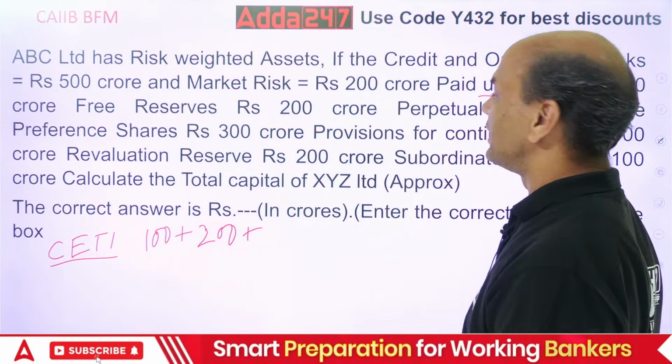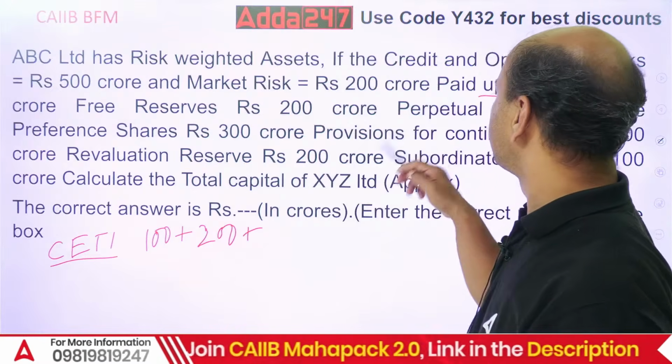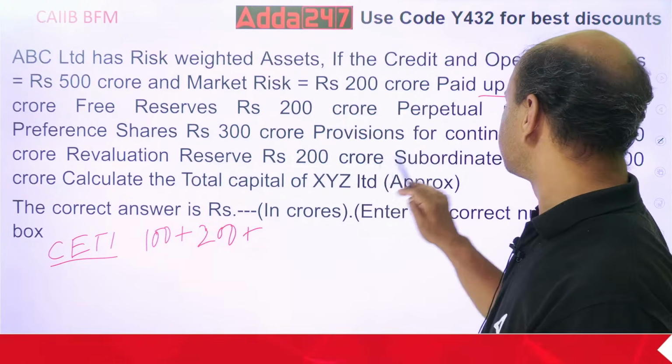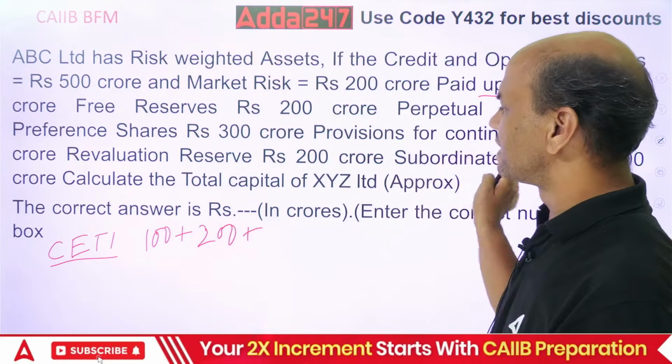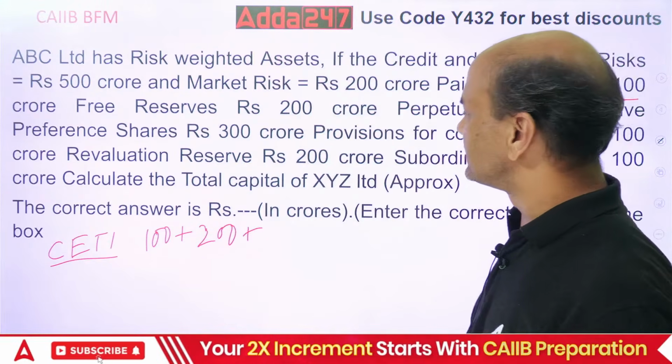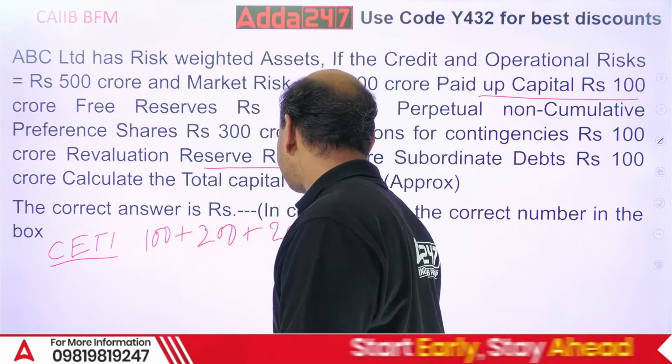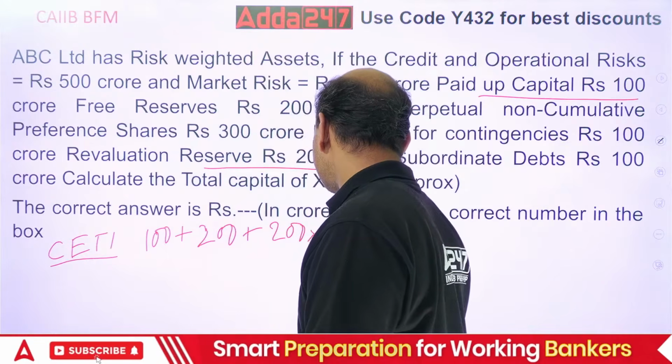Then net profit, is it given? No, so leave it. Revaluation reserve, is it given? 200, but this is to be taken at a 55% discount, so 45%.